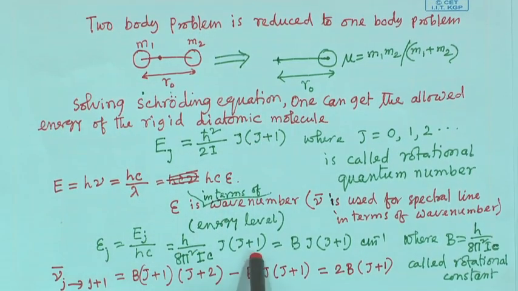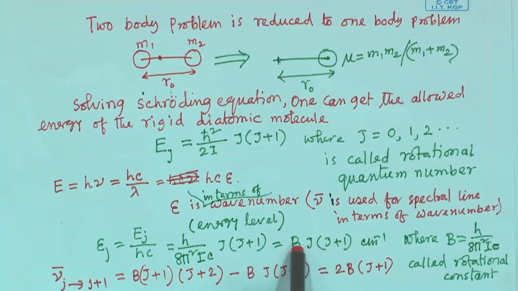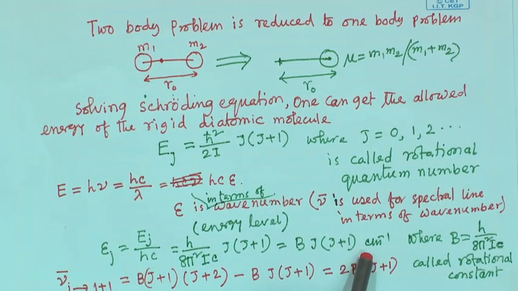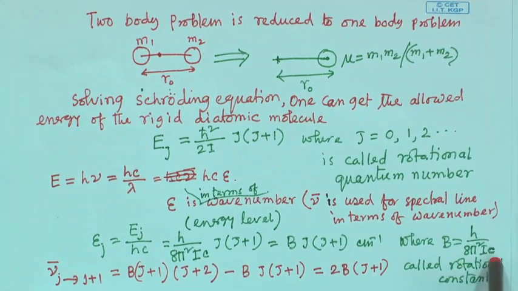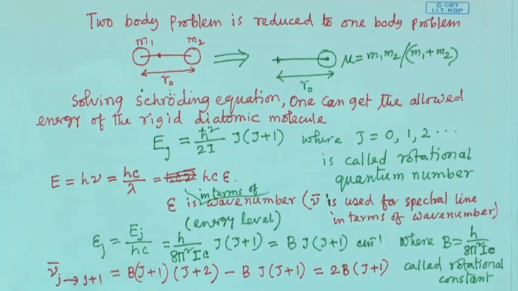So, this is the energy level in terms of centimeter inverse. Here we have written B. B is nothing but a constant, all of these are constant for a particular molecule. So, B is equal to h by 8 pi square I c, and it contains I, the moment of inertia.